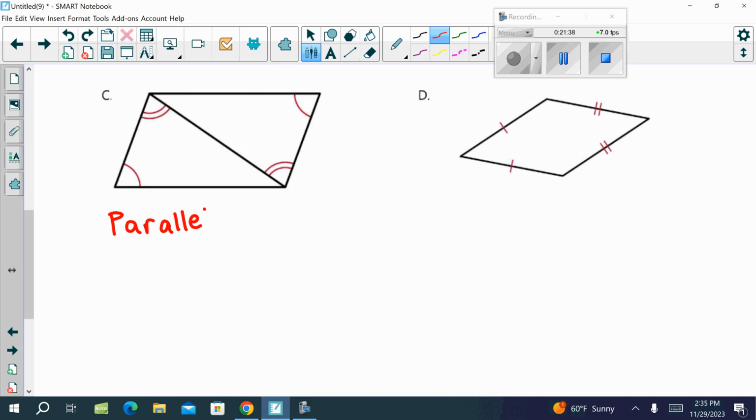This one's a little trickier. I second guessed because it didn't have a congruency symbol in the middle, but it's still true. Okay, but it's because of the third angle theorem we learned.